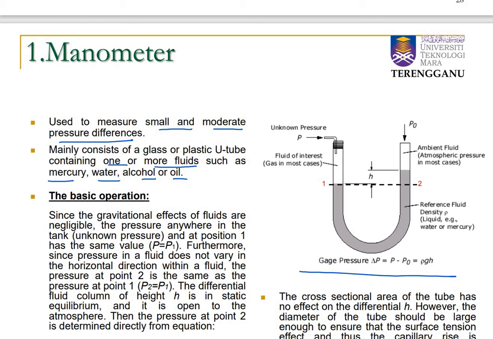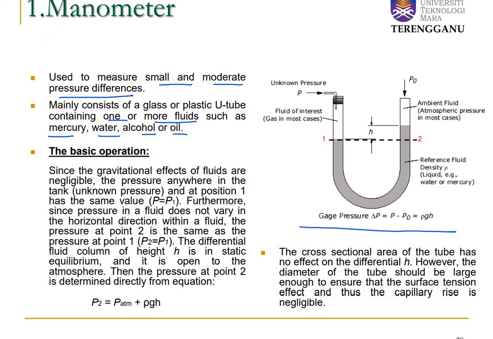The basic operation for this manometer, I think you are already familiar with because you have learned it in fluid mechanics. If the unknown pressure is fed into the U-tube, it can cause the manometric fluid to move to a certain height.